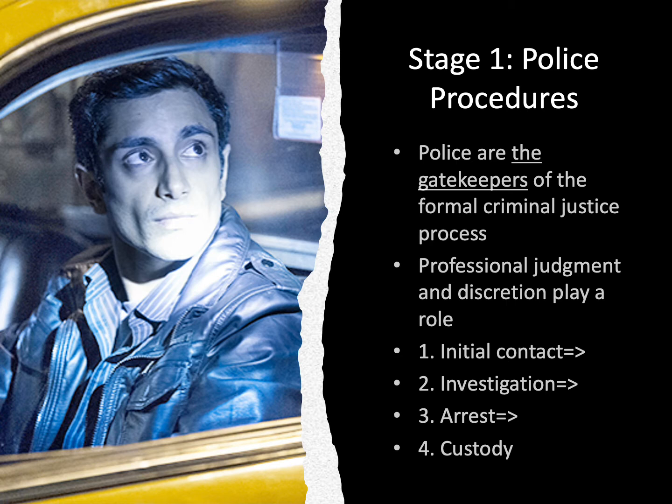There could be an informant that the police are working with that informs the police of a particular instance or a particular crime. There could be an initiative that could be going on, like the mayor of the city saying, look, we seem to have a lot of prostitution, we want you to begin an investigation. So there are lots of different initial contacts that police make.